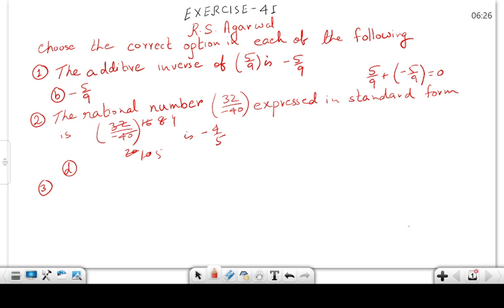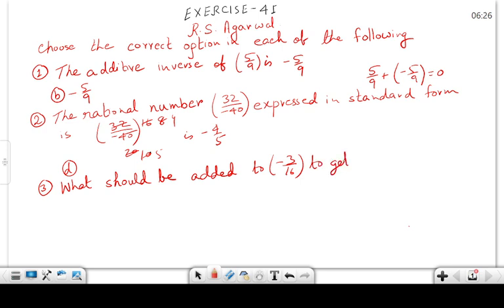Now we will go to question number 3. What should be added to minus 3 by 16 to get 5 by 8?